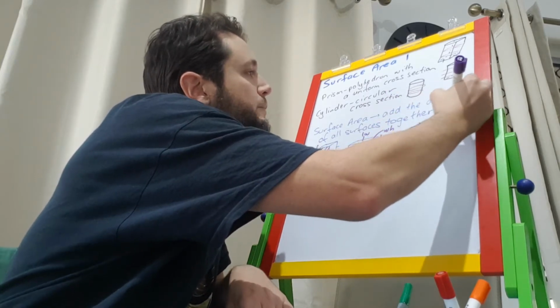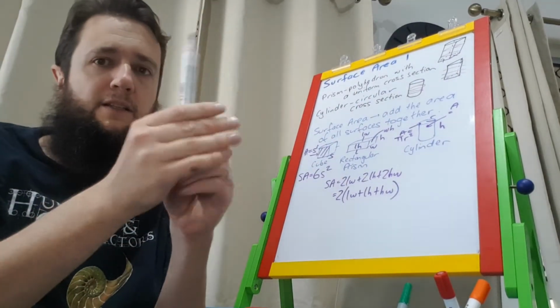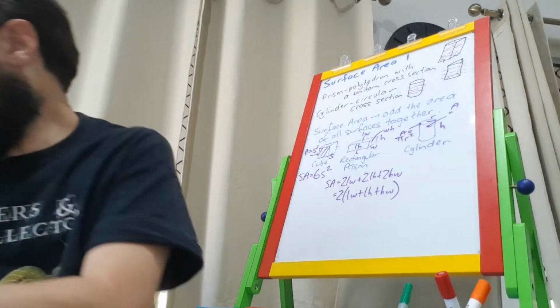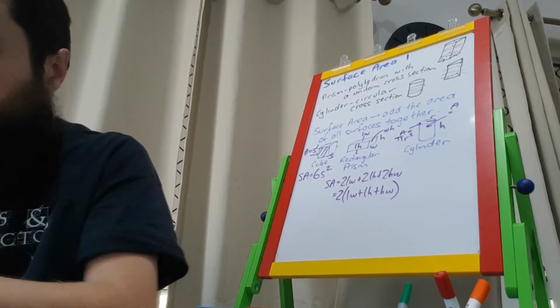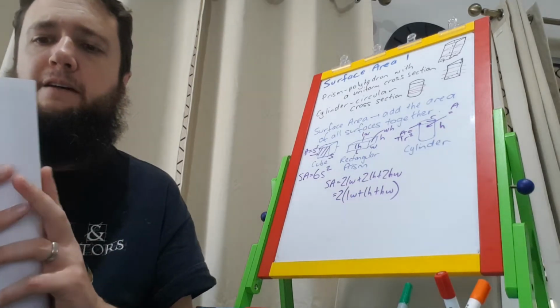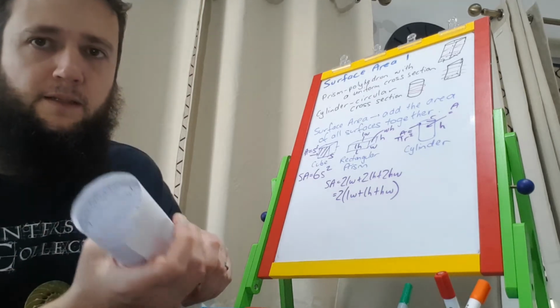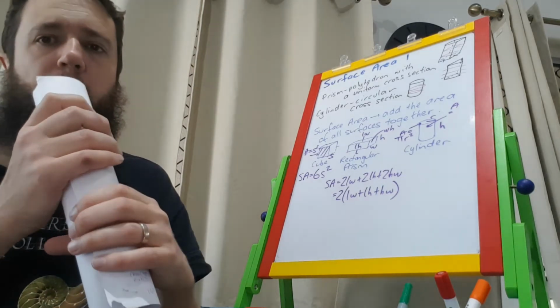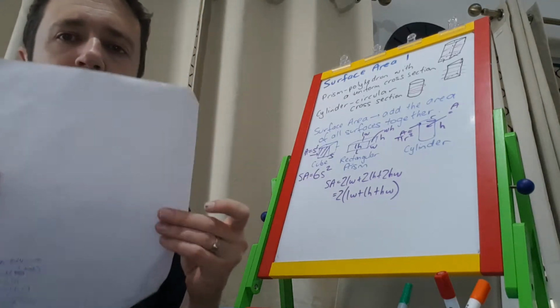This bit here is a little bit quirkier. If you have a cylinder and you flatten it out, it's best shown with a piece of paper. There we go. So if I have a cylinder here and I was to flatten it out, the round bit of a cylinder becomes a rectangle.